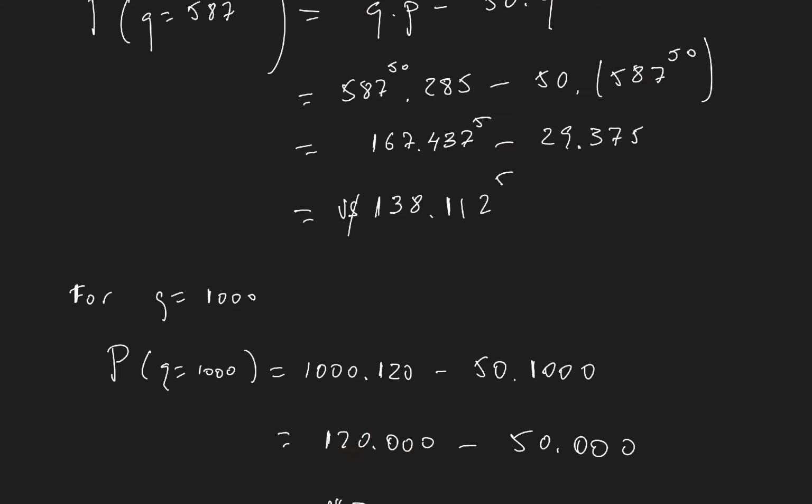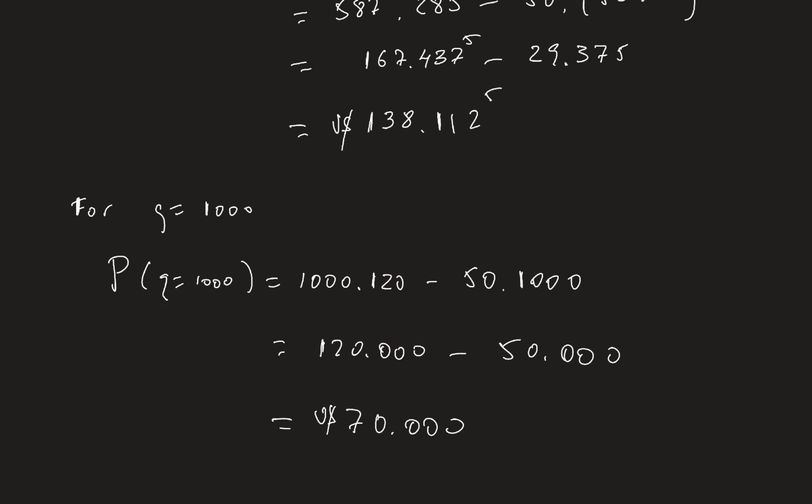But you are spending money to maintain the rooms, $50 per room for 1,000 rooms. So you will have 120,000 minus the cost to maintain the 1,000 rooms occupied. The total profit will be only 70,000.